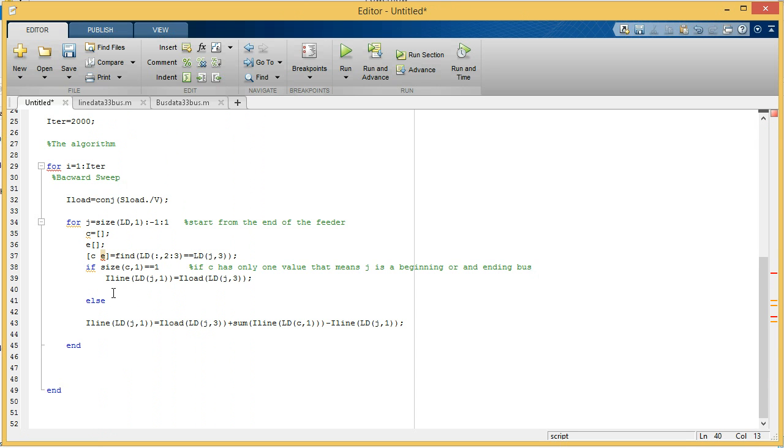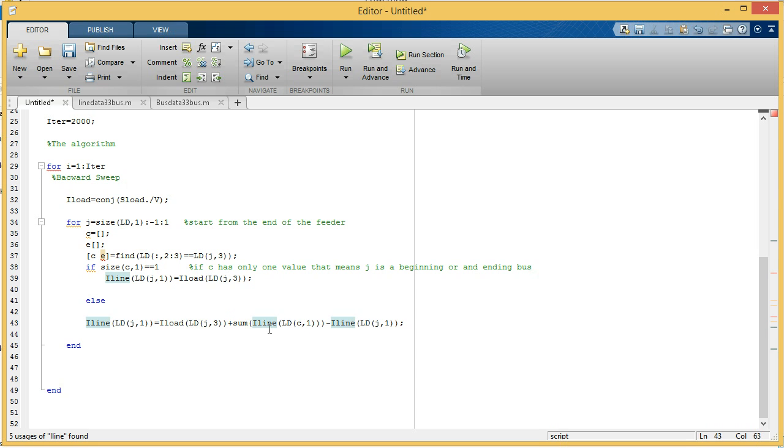Okay, if there are more than one line connected to the jth bus, that means else, then the current for this line is calculated by the corresponding load current, which means the load that is connected to the corresponding bus, and also the sum of the currents of all lines that are connected to the same bus as well.